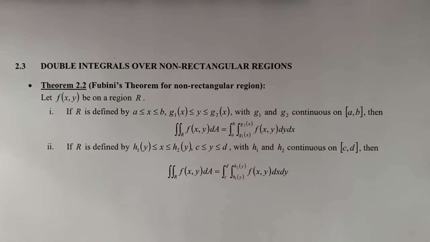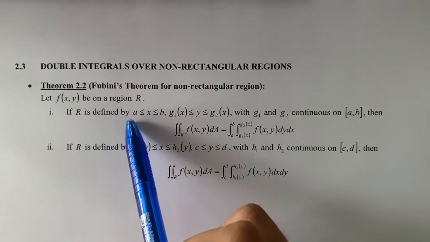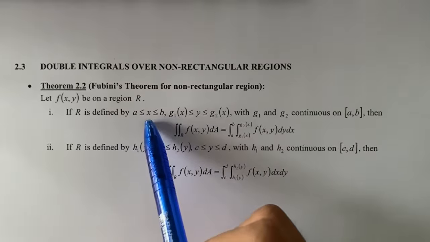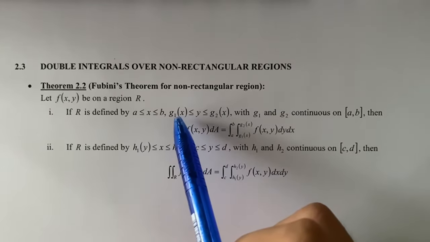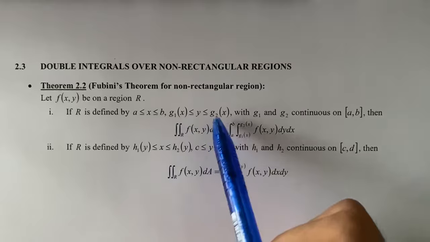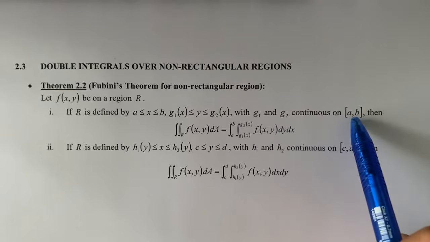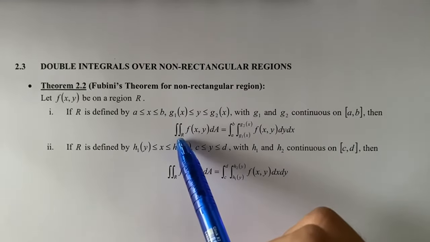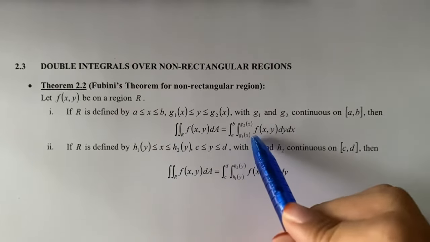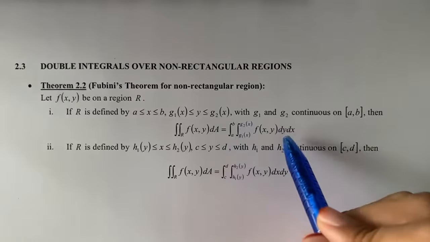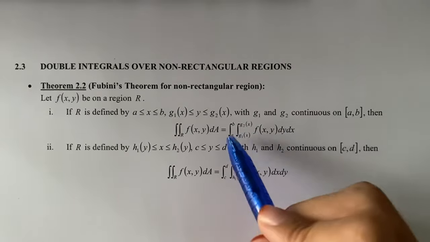Let's say we have a function of two variables on a region R. First, if R is defined by x from a to b, and y with lower limit function g1 and upper limit function g2, with g1 and g2 continuous on [a,b], then the double integral of f(x,y) over R is equal to the integral of g1 to g2 with respect to y first, and then the second integration with respect to x from a to b.